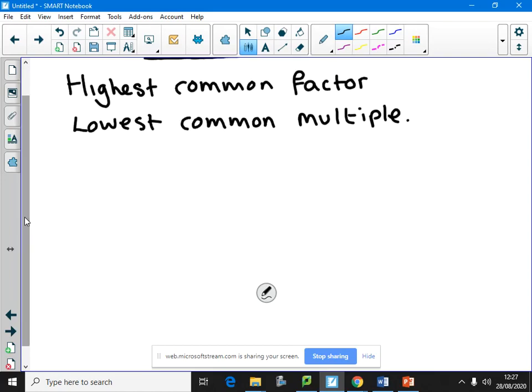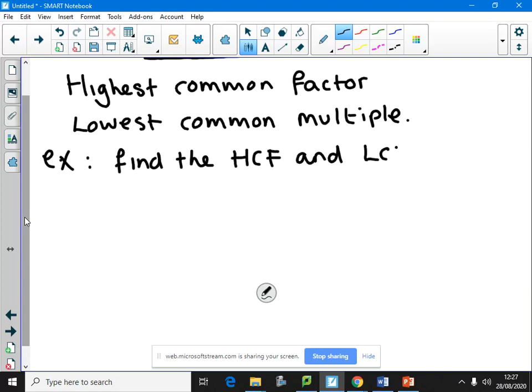So let's do an example. The question could ask you, find the HCF and LCM of 15 and 45. Now, some of you would already know a way of doing this, and that's writing out your times tables and so on.